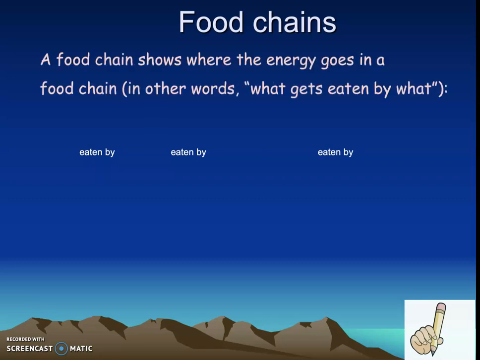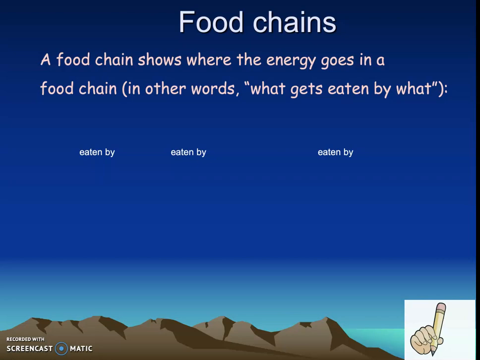Our definition of a food chain is: a food chain shows where the energy goes in a food chain. In other words, what gets eaten by what. So you can pause the video now, and you can write down that top sentence at the top. And then once you've written that down, you can pick up your pencil, because you're going to be drawing a little diagram very shortly.